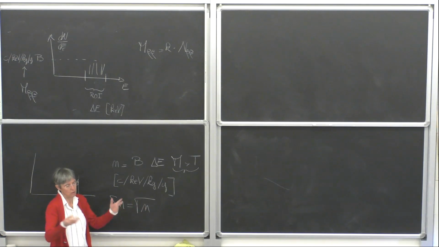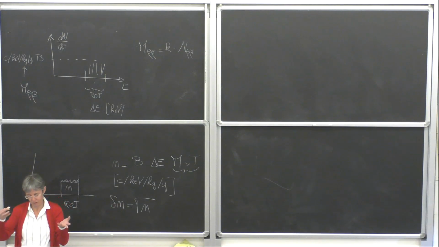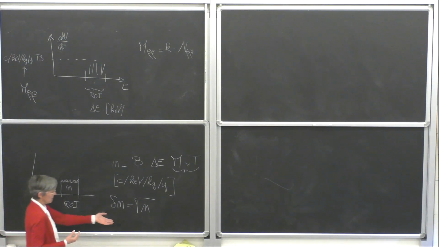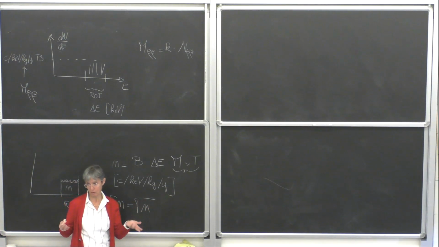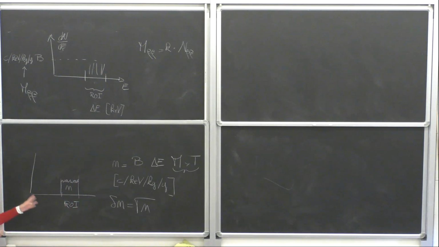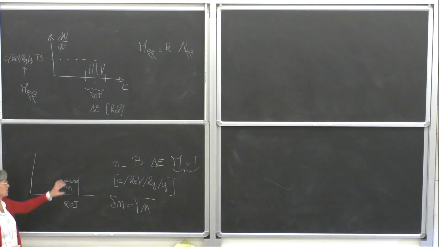In a Poissonian, the expectation value of the standard deviation is the square root of the mean. But this is not the mean, this is a number, my estimation, okay?